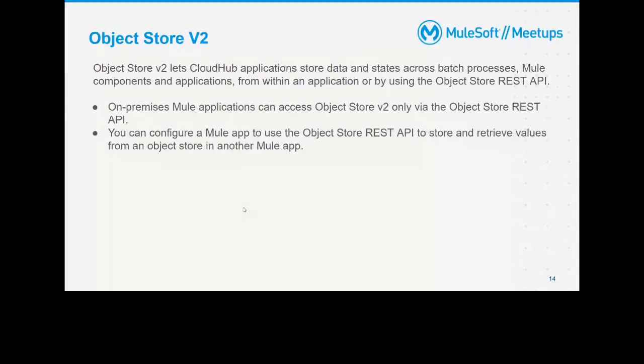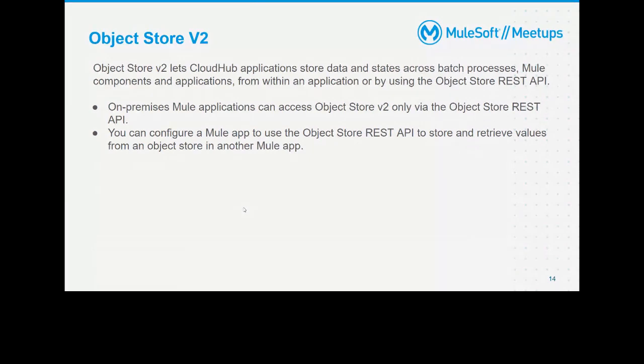You can also store your application data and application metadata in the object store, and retrieve this data using the Object Store REST API, or use the Object Store connector. The Object Store connector is supported by version 1 as well as version 2.